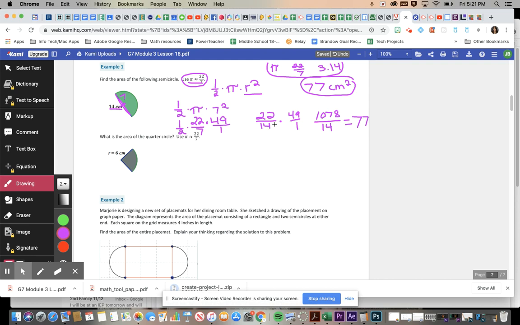I also want to point out that there's another way that you can solve this problem or start to solve it to make it easier than doing 22 times 49. I can try to cross cancel some things out if I can reduce. So I'm going to switch over here to red. I know that there's a number that goes into 14 and 49, and that number is 7. So I could divide this side by 7, and this would be 2.